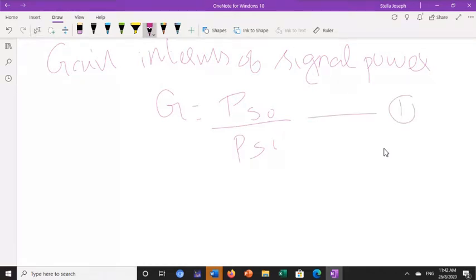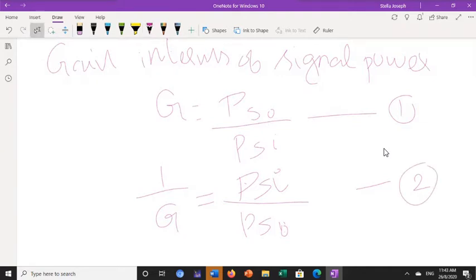Now if I need to find 1 by G, the reciprocal, my equation will be PSI divided by PSO. There is a reason why I am using 1 by G. This is my second equation.